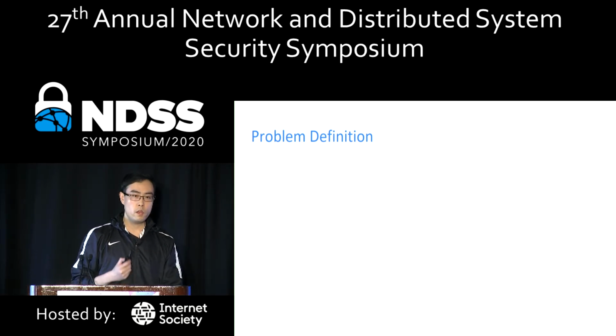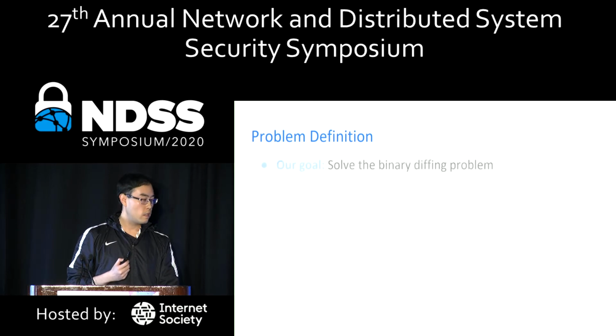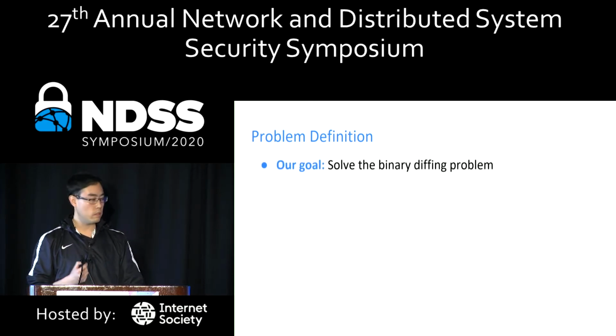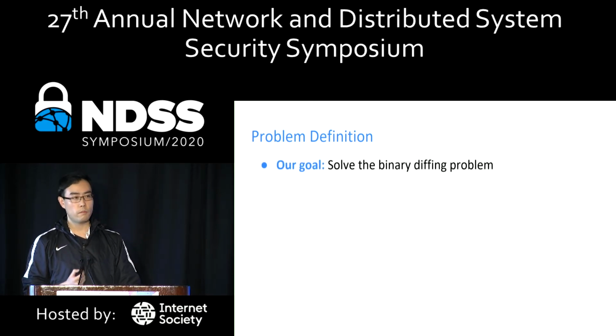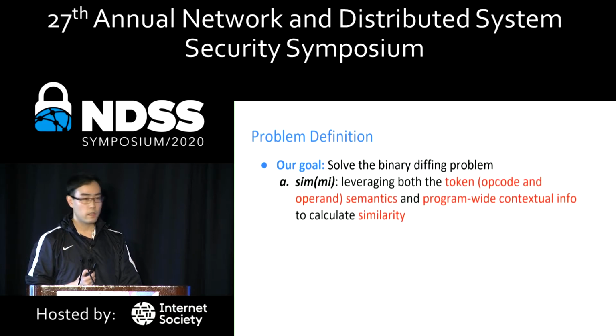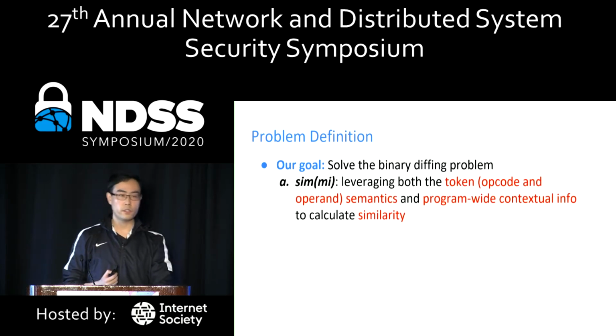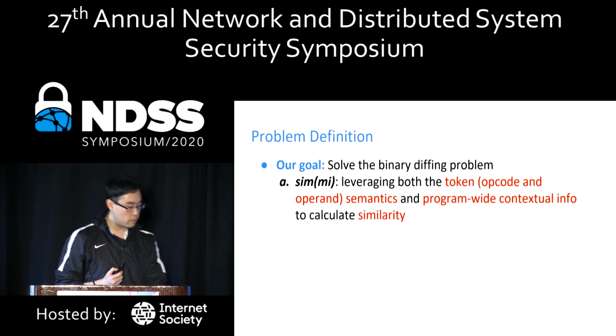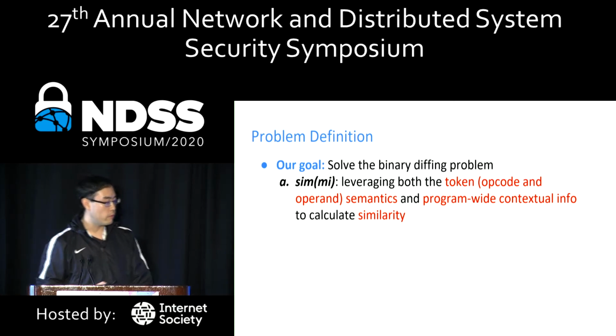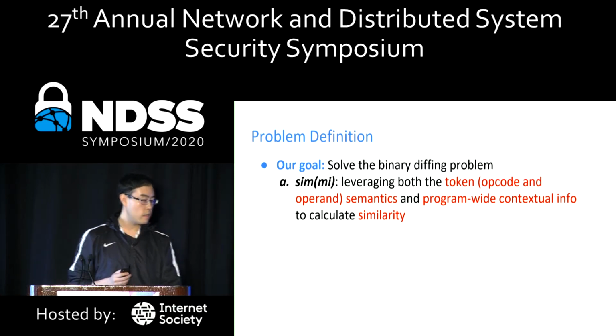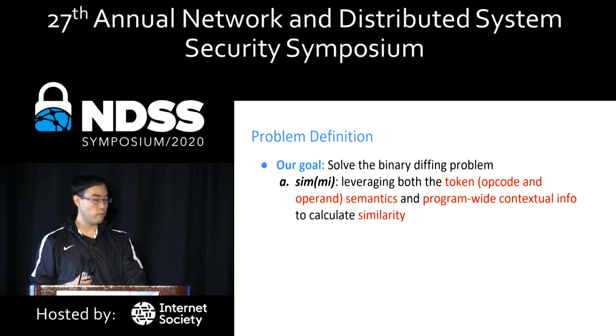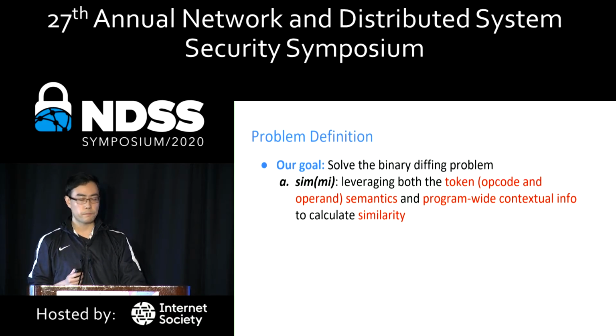Given this problem definition, we turn binary differential analysis into two subproblems. The first is to find a sim function. We propose to leverage both the token semantics as well as the program-wide contextual information to calculate the similarities.